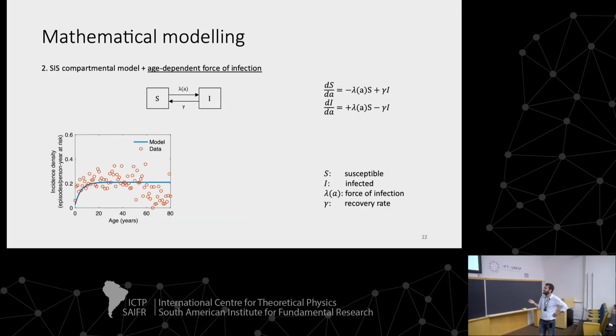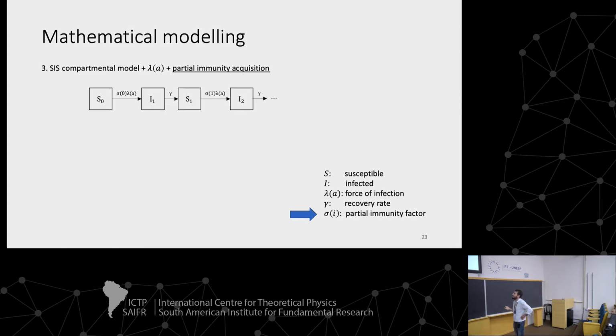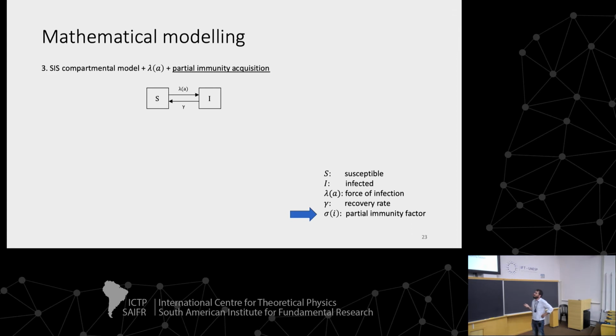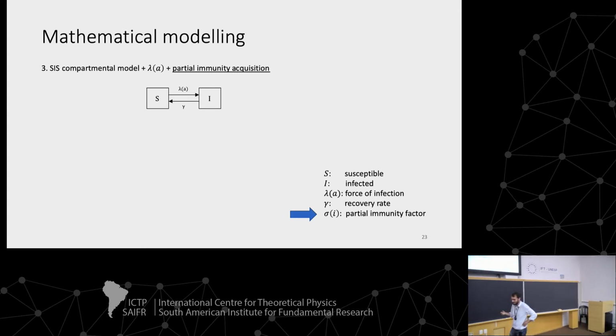And then when we introduce it here, we can correct the first part. We cannot correct the second part. And then for the second part, we introduce this partial immunity factor. So for the partial immunity, after each infection, we are assuming that a person that got infected is getting a small level of immunity.